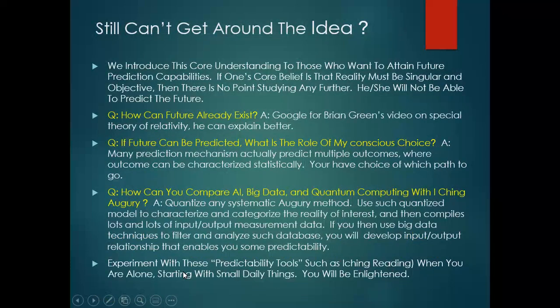So by this time, you should see there's a lot of similarity between any kind of scientific prediction system and these so-called astrology, I Ching, or traditional algorithm methods. So if you're interested in this topic, you can experiment with these predictability tools, such as I Ching reading when you are alone or starting with small daily items, and you will be enlightened.